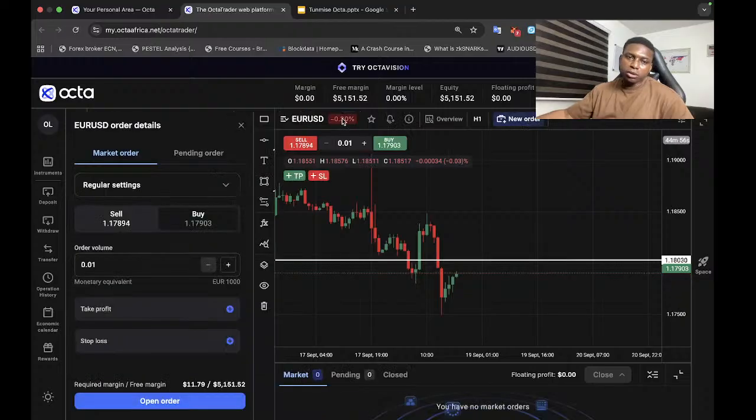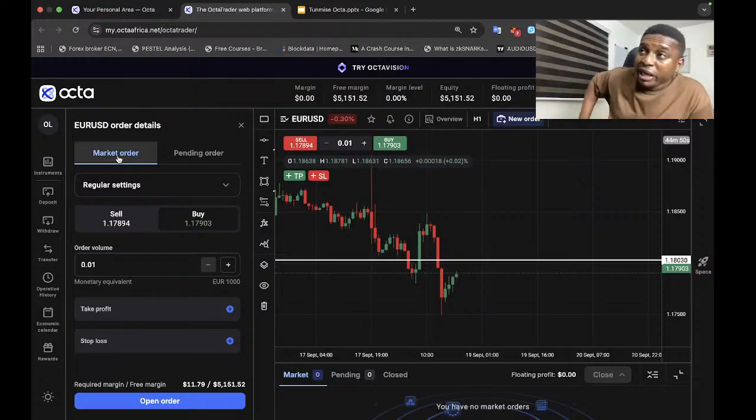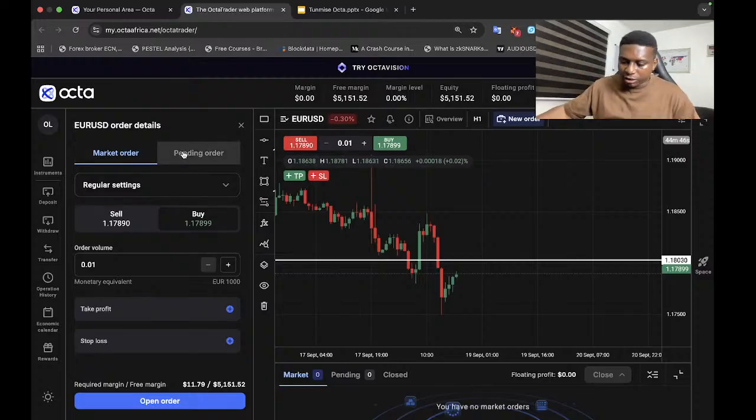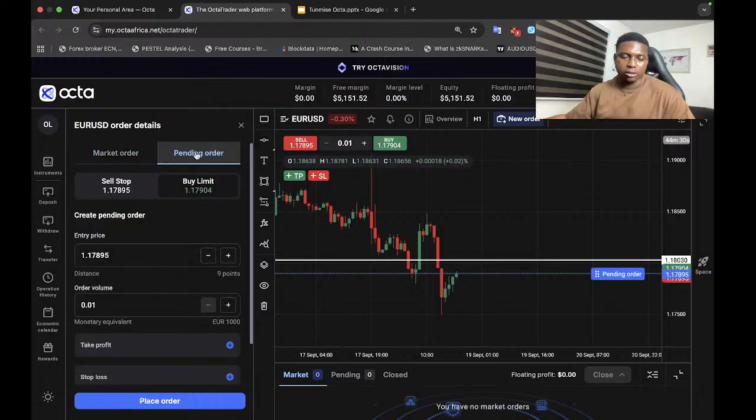So I'm going to click on the new order, and then there is an option of market order if I'm buying immediately into the market, and there's an option of pending order if I want to buy at my own preferred price level. So we want to buy at our own preferred price level, so we are going to go for the pending order. All right, now we have our pending order.